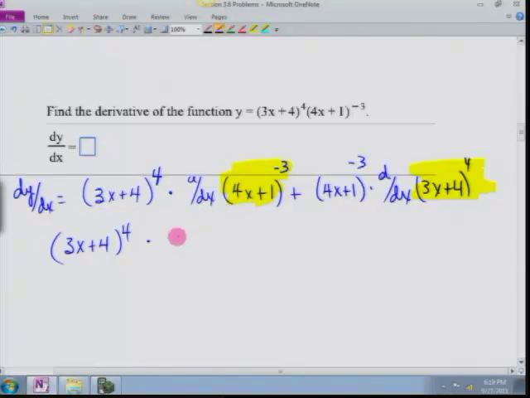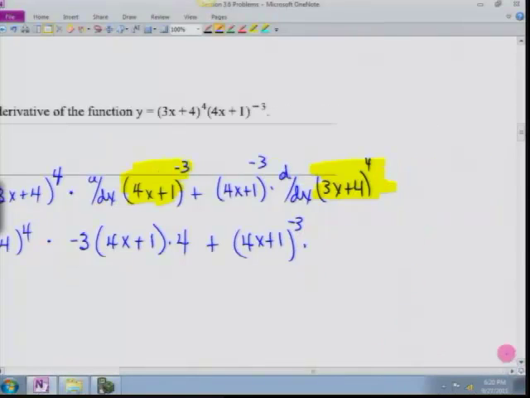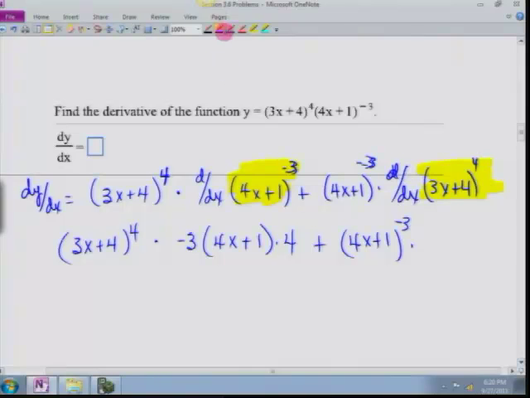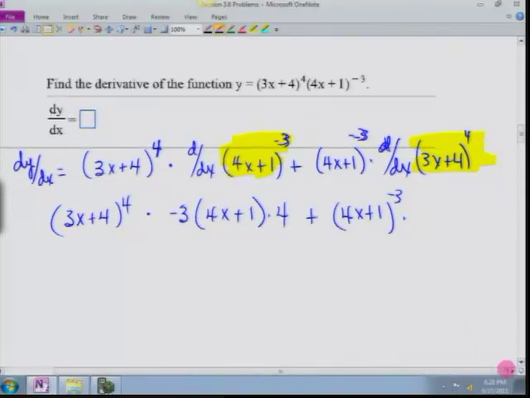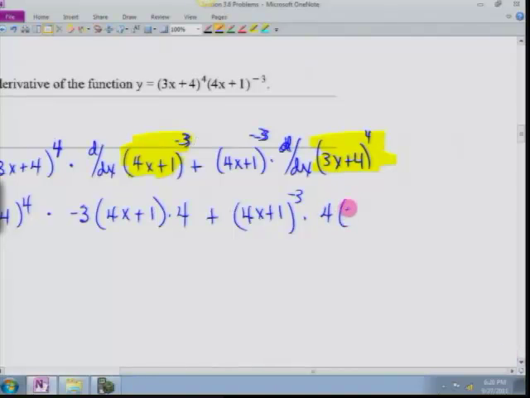Okay, so what's the derivative of this guy? Negative 3 times this times what? Positive 4. Plus 4x plus 1 to the negative 3 times, what's the derivative of this one? Times 3?